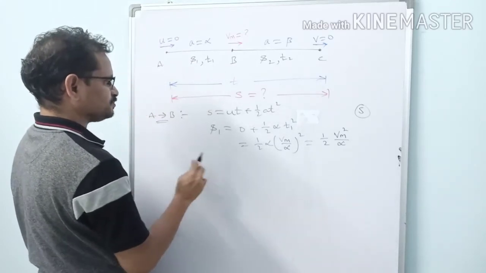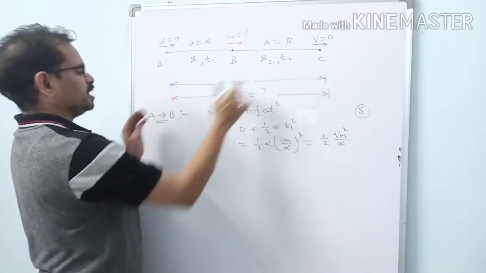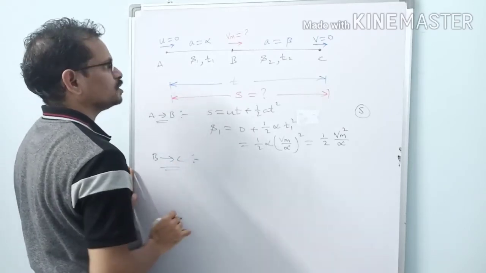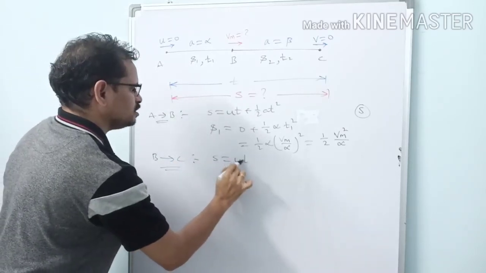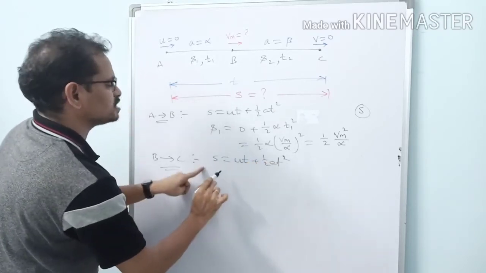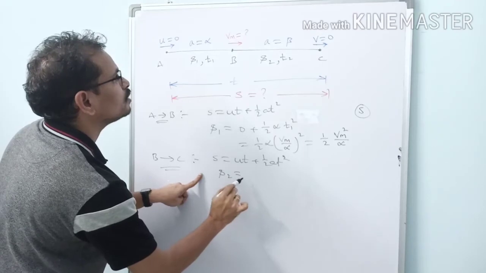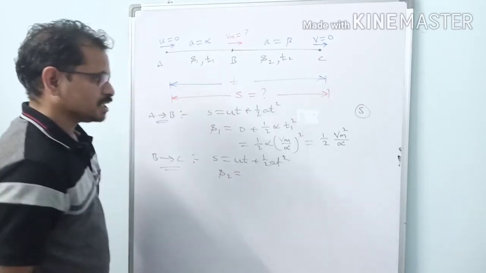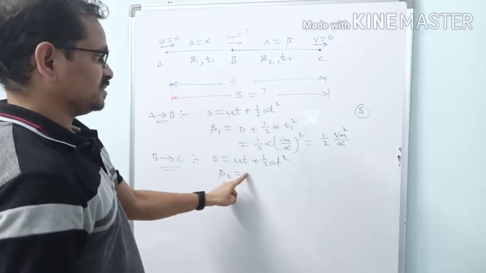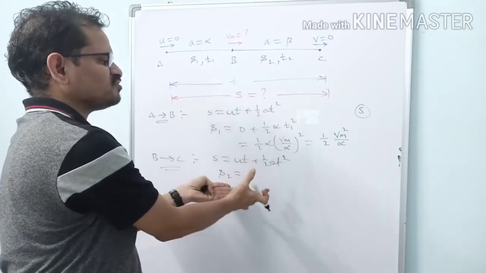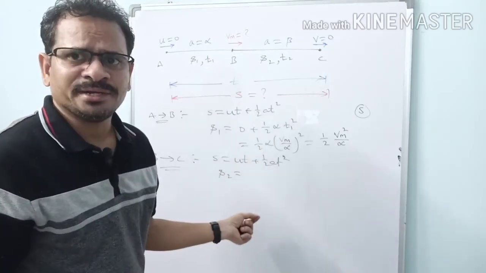Similarly for s2, let us use the same equation, s equal to ut plus half at square. Here u is Vm, but instead of complicating, you can just reverse it.